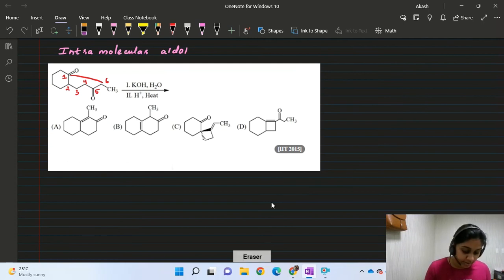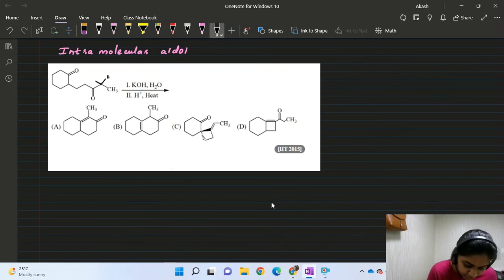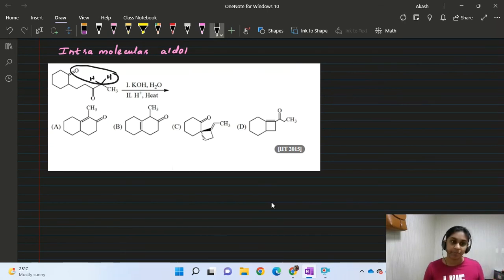Okay, so here the 2 alpha hydrogens will be eliminated as water like this children. Then connect this asterisk carbon and this carbon with a double bond. So this is our product. Here another 6-member ring you will be getting.